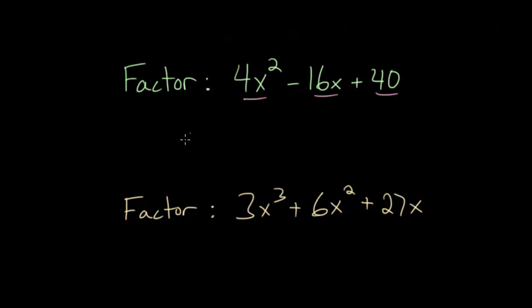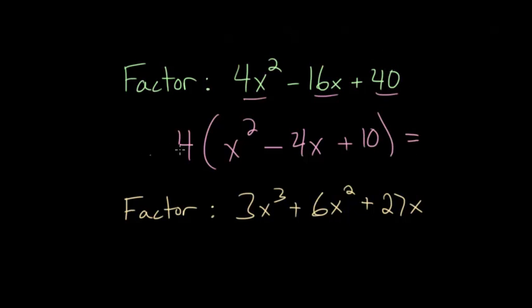So we can essentially factor out that 4 from each of these. So you'd have 4, and then you want to think, what do you have left? So we know that 4 times what gives you 4x squared? That would have to be x squared. And 4 times what would give you minus 16x? That would have to be minus 4x. And 4 times 10 would give you 40.